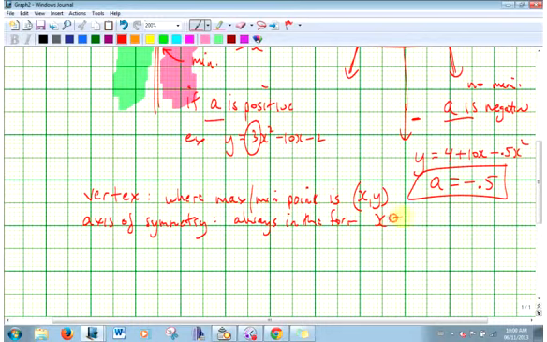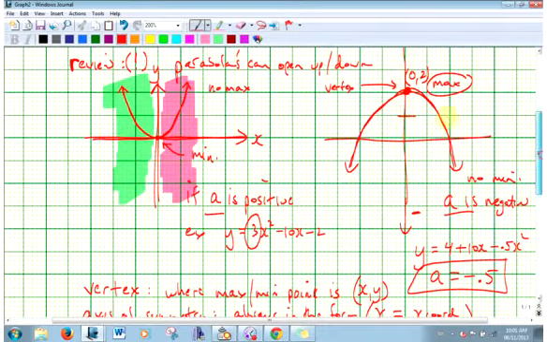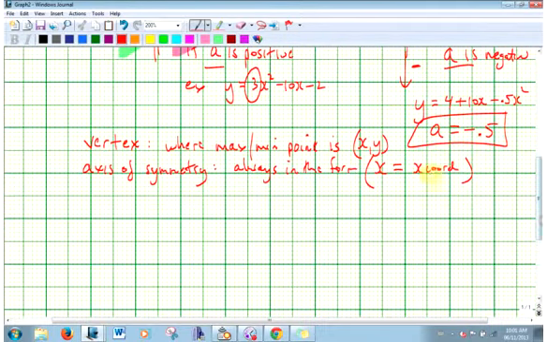It's always x equals, and guess what? Where your vertex is, that's always where your axis of symmetry is. So if you know the x coordinate of your vertex, then you know the equation of the axis of symmetry. Because it's at the same place. Does that make sense?